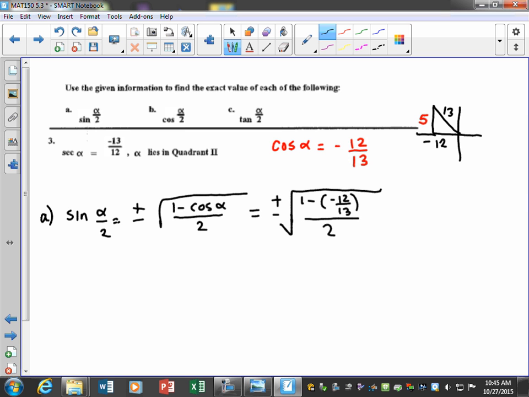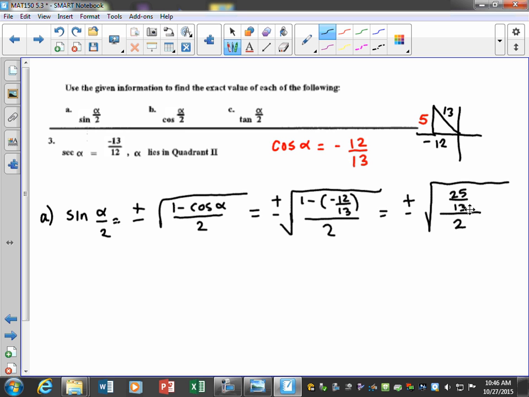Alright, we're going to get plus or minus. Get a common denominator over here, which would make this one 13 over 13, right? So 13 minus a negative 12 would be 13 plus 12, which gives us 25 over 13, over 2.